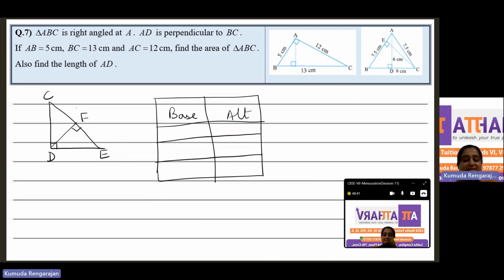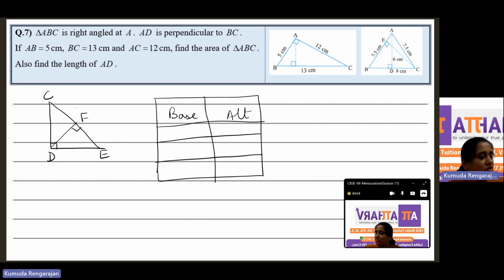CE, DF, correct. Everything is right. The bases have been written correctly. CE is the base, DE is the base, CD is the base.